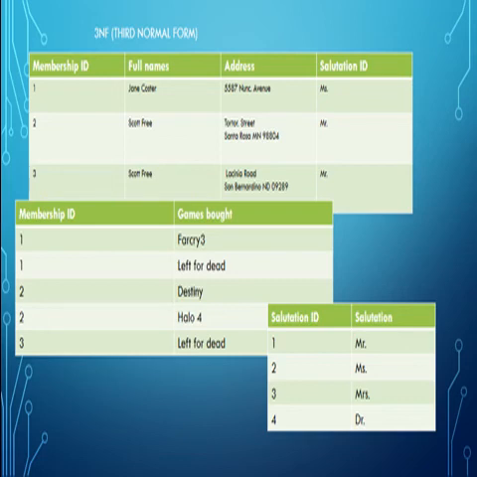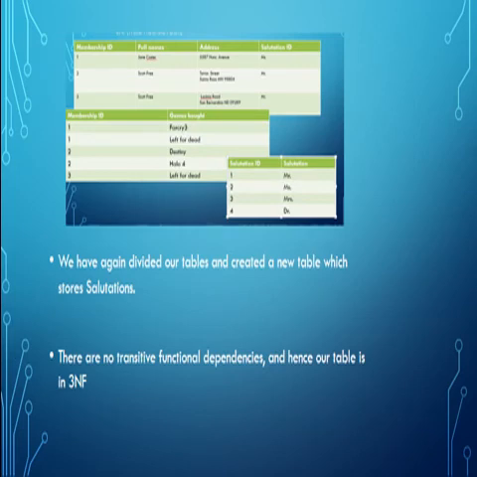There are no transitive functional dependencies, and hence our table is in third normal form. In table 3, the salutation ID is the primary key. In the first table, the salutation ID is a foreign key to the primary key in table 3.